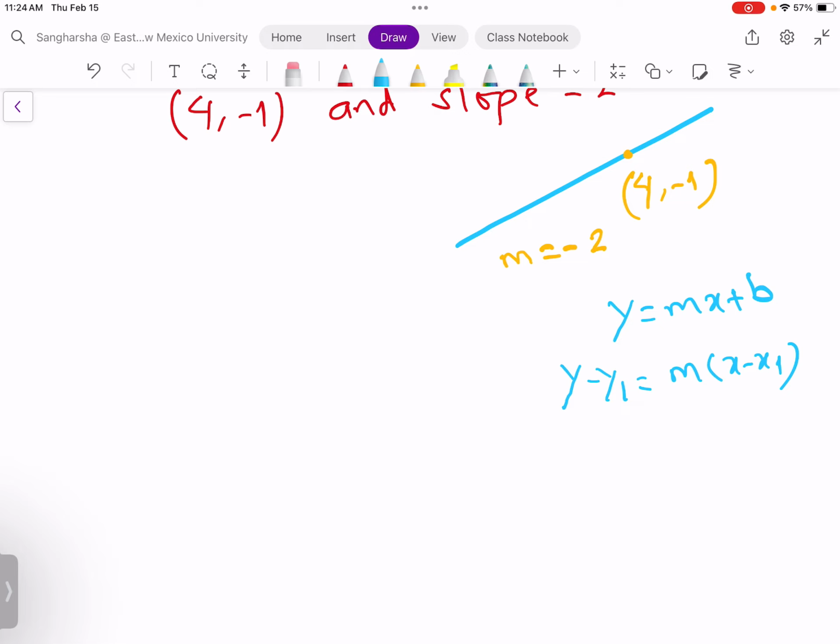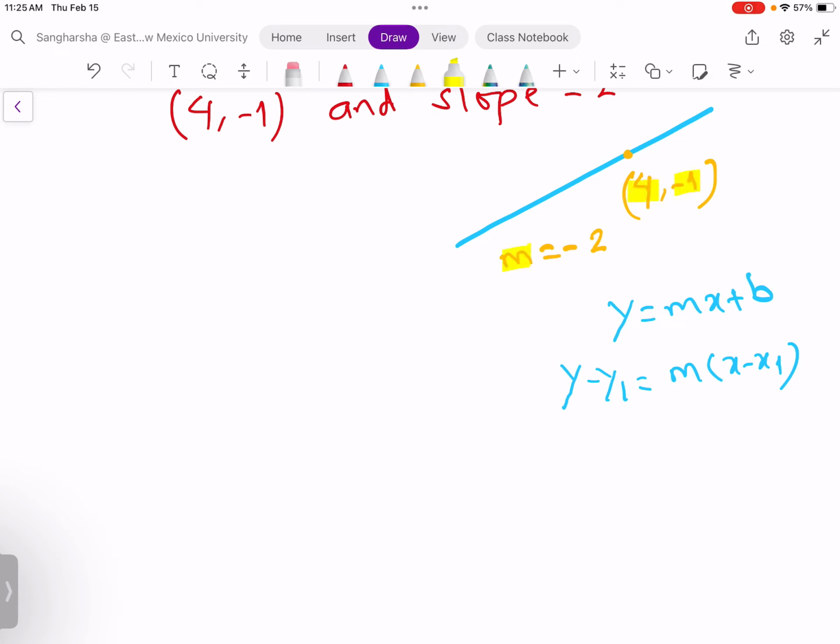Now, which one would be the best here, the first one or the second one? How do we know that? Because you are given a point, so you have the two coordinates, x and y. This is your x1, this is your y1, and m is given, so it is the second form.